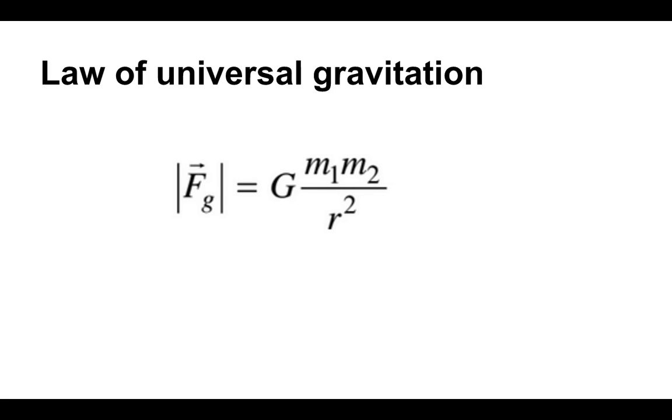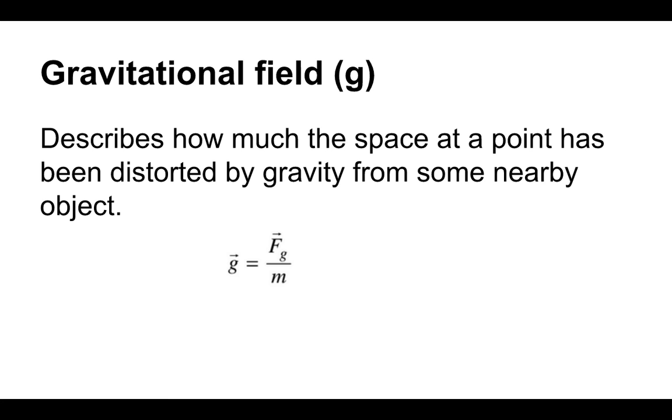So it's just that equation, except it only has one mass in it instead of two. It's GM over r squared, where M is the mass of the object that's causing that gravitational field, and r is the distance from the center of that object to whatever spot we're interested in. Gravitational field is a property of a location in space. So it's not going to say what's the gravitational field of the Earth, it's going to say what's the gravitational field caused by the Earth at some location. We've got to have the location in there.